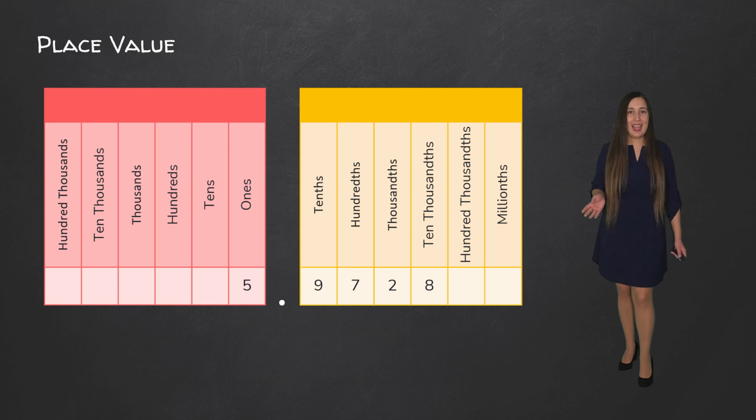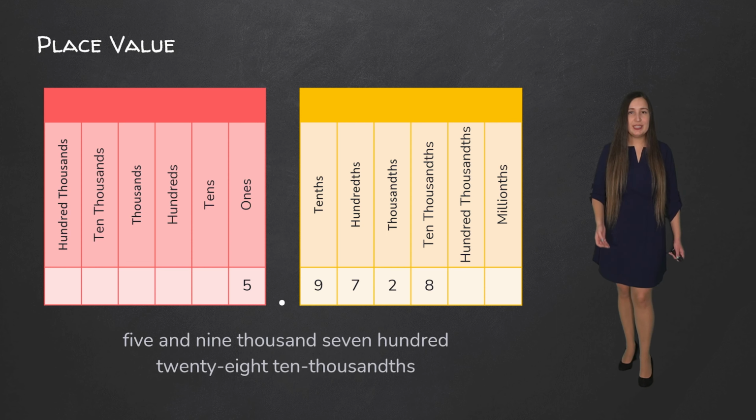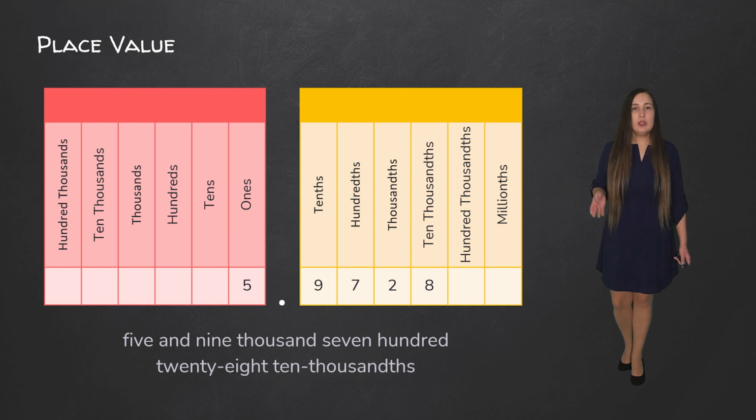And because the 8 is in the 10,000ths place, we're going to say 10,000ths at the end. So we have 5 and 9,728 10,000ths, all right? So there it is as a reference. Make sure that you're always looking to see where your last digit lands, so you can say that at the very end, all right?